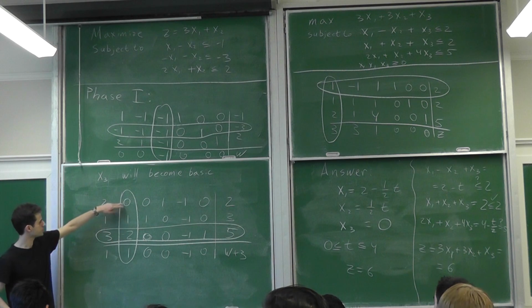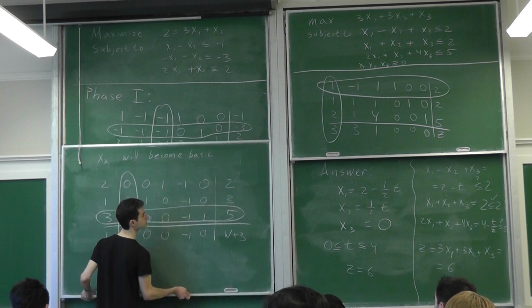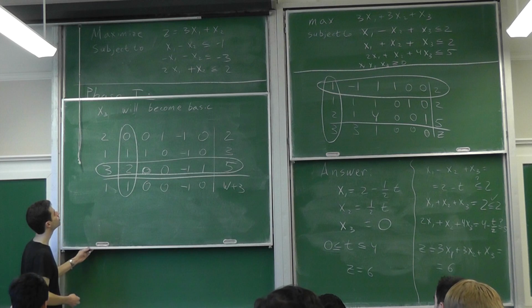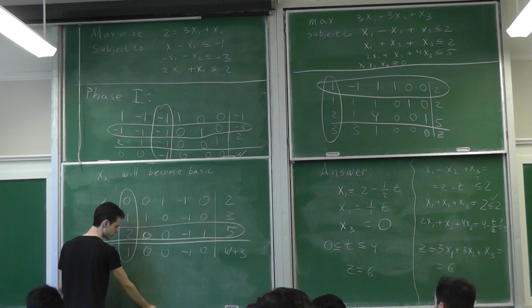I'll try to make this 0, 0, 1, 0. The first one is already 0, so I'll keep it.